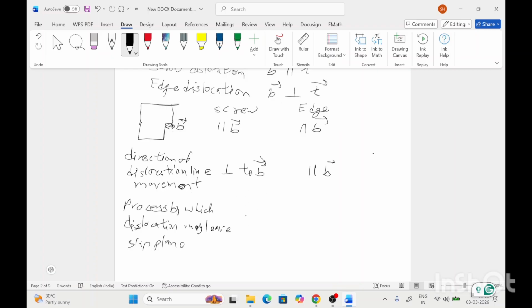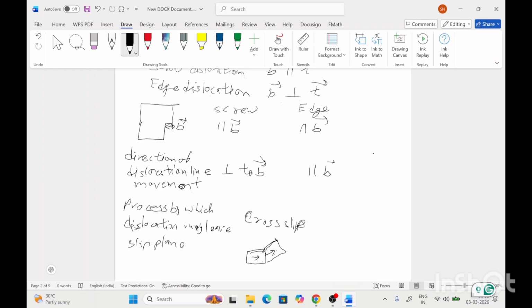Slipping on another plane from the primary dislocation gliding plane, for screw dislocation, is called cross slip. When it moves on one plane and changes its path to another plane, this is called cross slip.